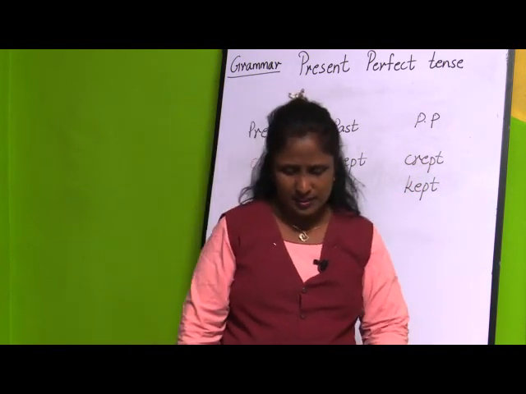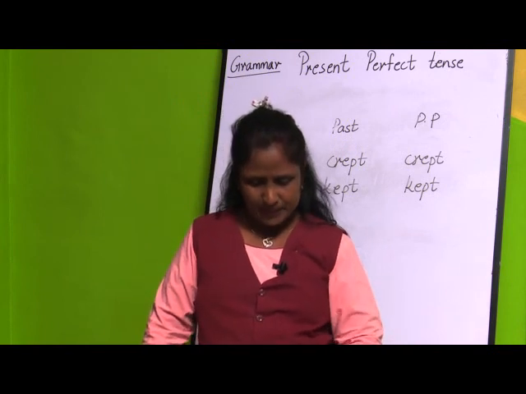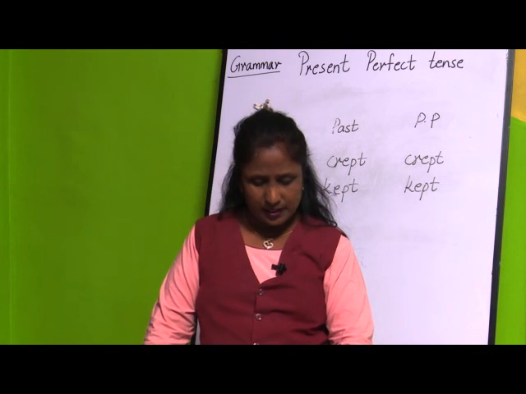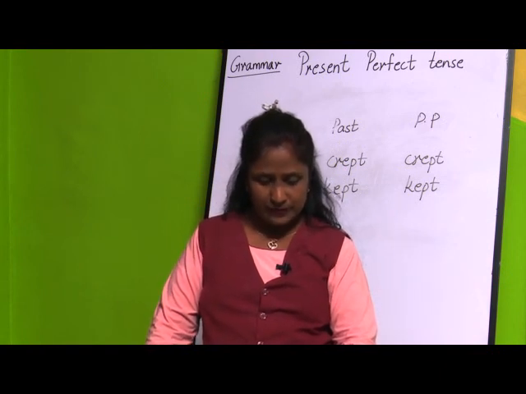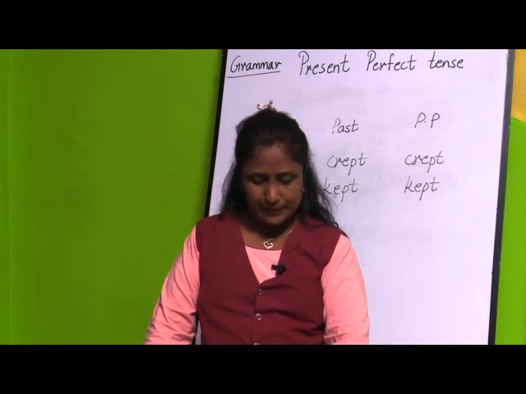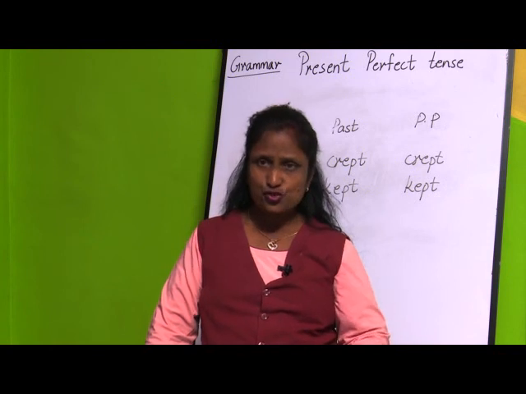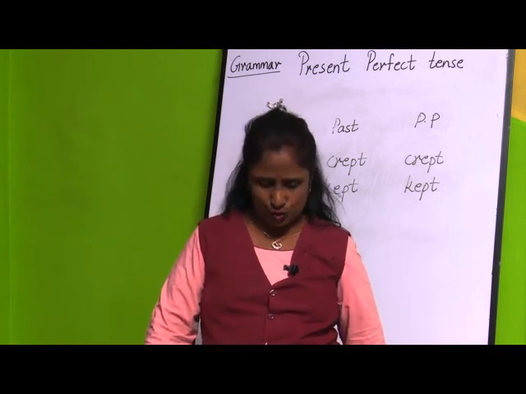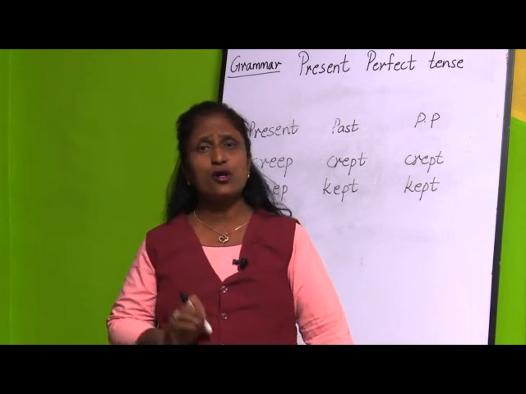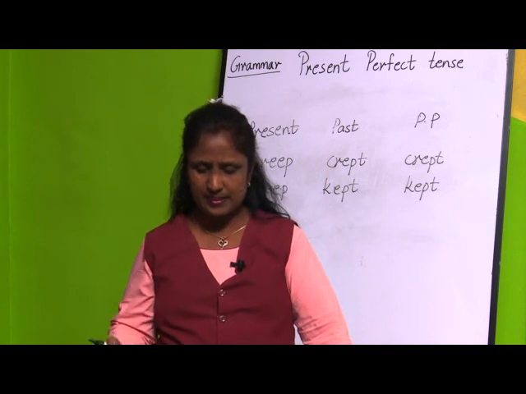Then some other words are also there: sit, sat, sat; feel, felt, felt; meet, met, met; build, built, built; hear, heard, heard; win, won, won. Next, if you see below, bring, brought, brought; buy, bought, bought; catch, caught, caught; teach, taught, taught. So, in this way, the second form is what? You change the form only in past tense and for the past participle.